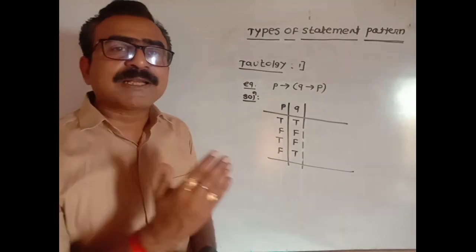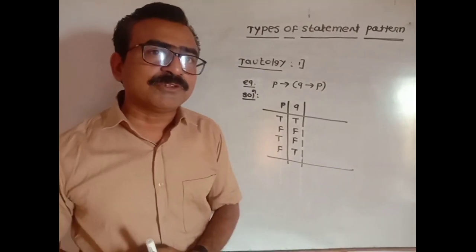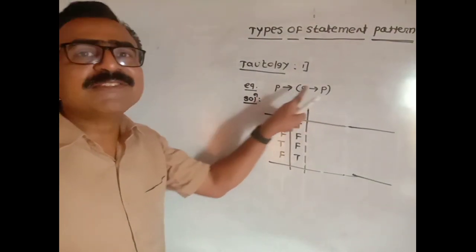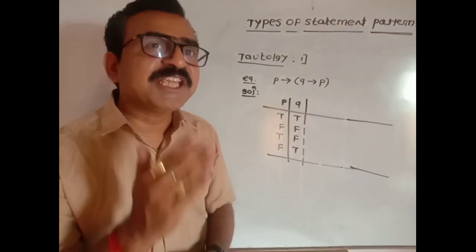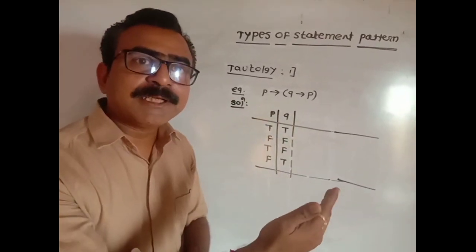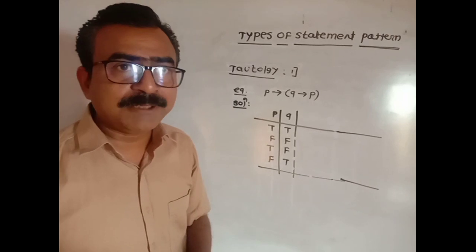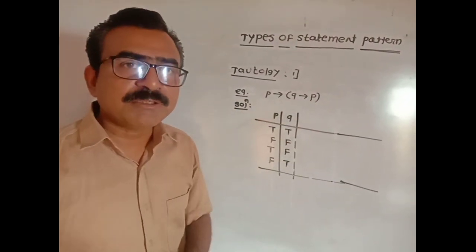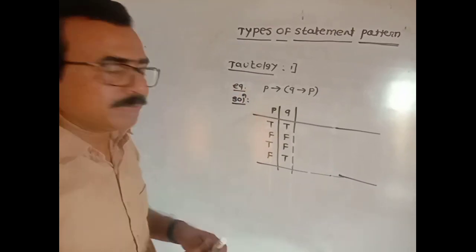Okay. After writing all the 4 possibilities of 2 statements, now the second rule is: if in the statement pattern any negation is given, then solve it. Then solve the simple bracket and lastly the square bracket. Okay. So in this statement pattern there is no negation, so solve the simple bracket.